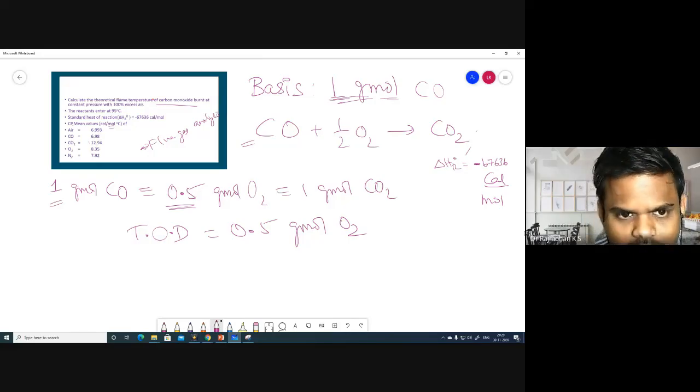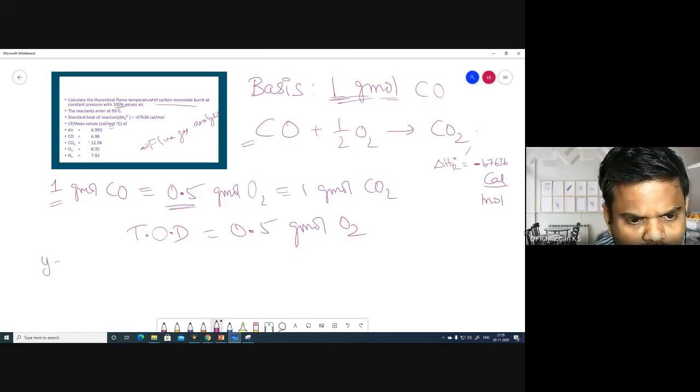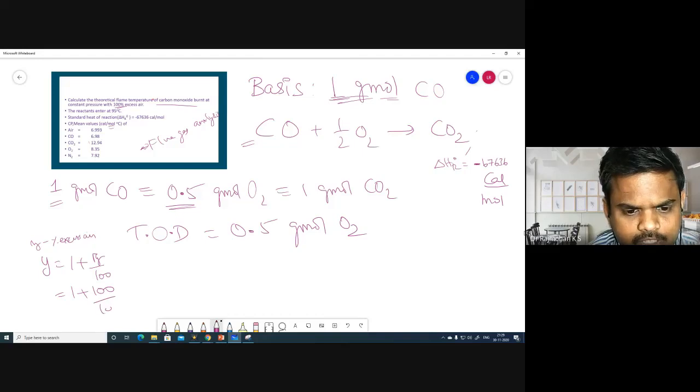Then the excess percentage is given. I gave you a formula, right? So how to calculate y? y is 1 plus z by 100, where z is the percentage excess. It is given as 100% excess here, so we get y equal to 2.